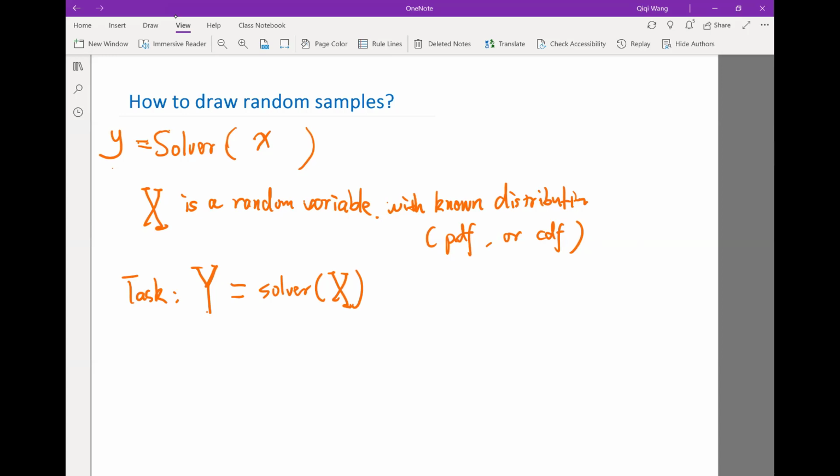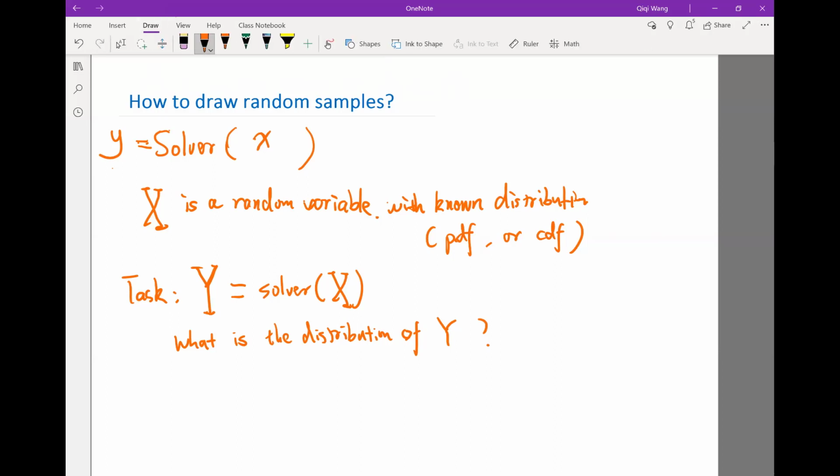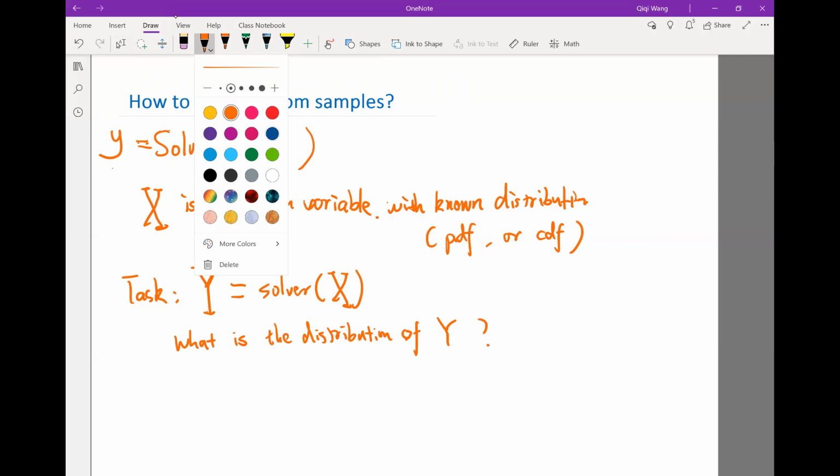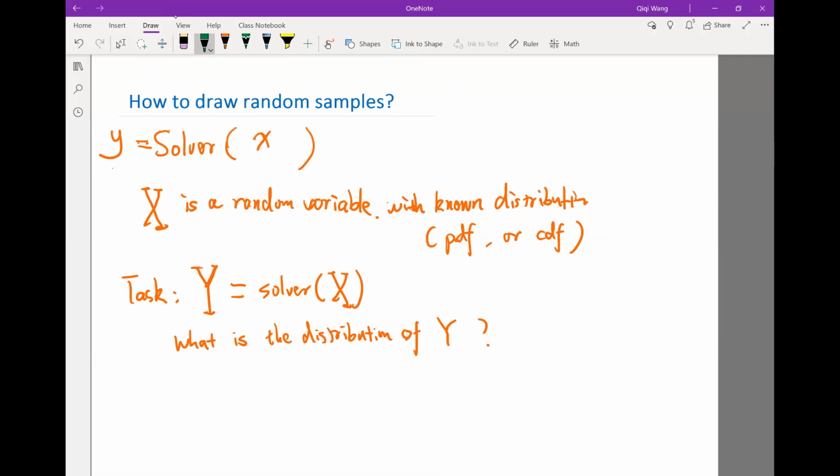Now we know y is a random variable. What is the distribution of y? Which means either give me the CDF or the PDF. So how do we do that? Let me introduce probably the easiest thing to do in this case.